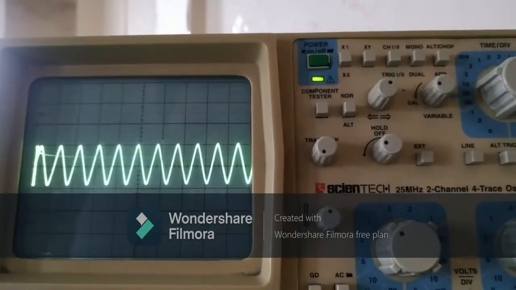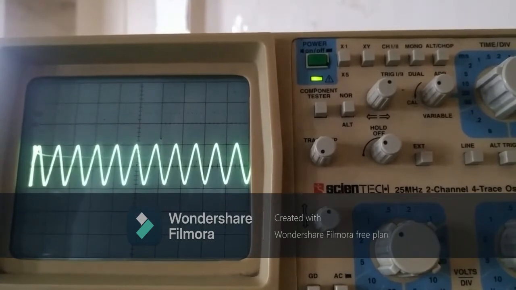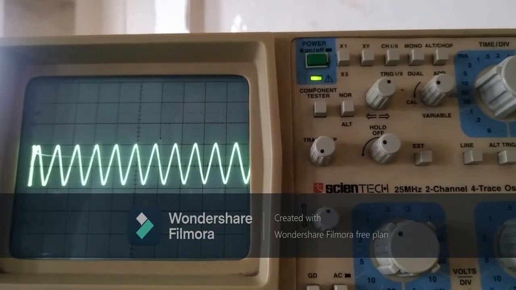And the carrier signal is set to 2 volt peak to peak and 10 kilohertz frequency.